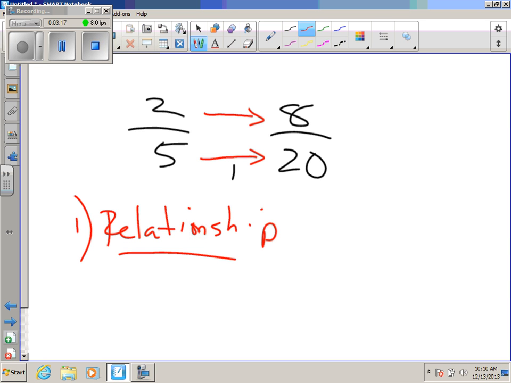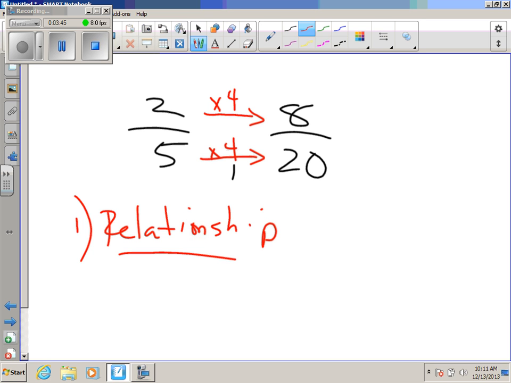Is there a way I can get 20 from this 5? And you would say what? Times 4. If the top term and the bottom term are both multiplied by the same thing, or divided by the same thing, you'd have a relationship. Very good. Okay? This is one of the options that you can use.